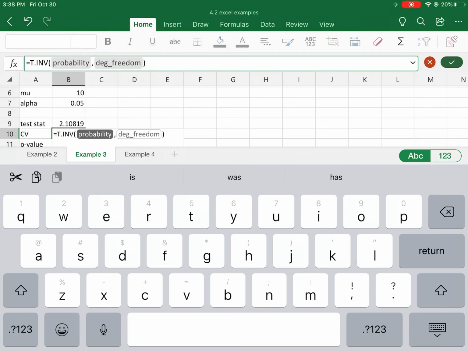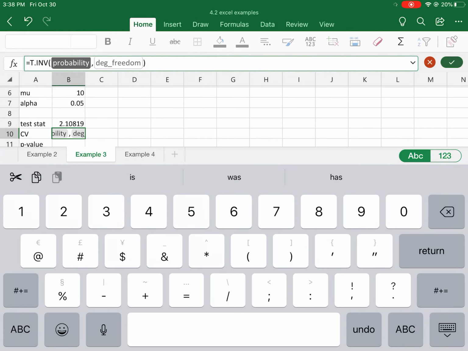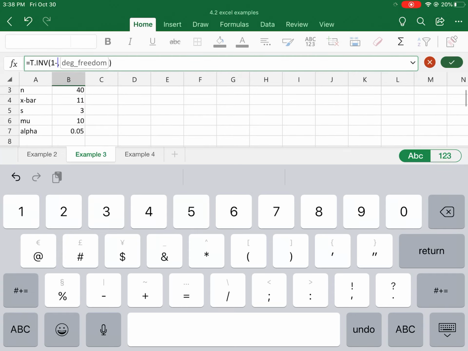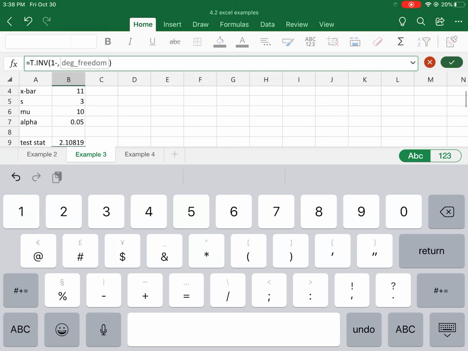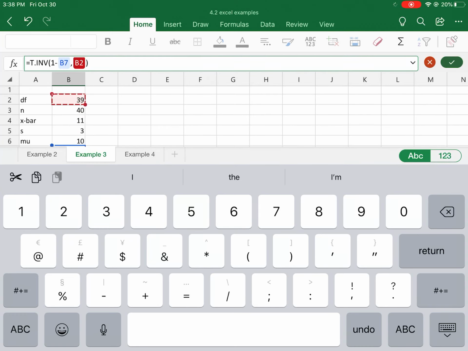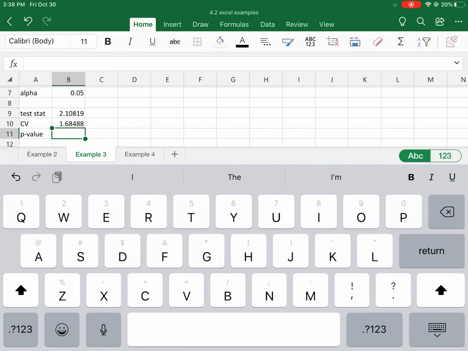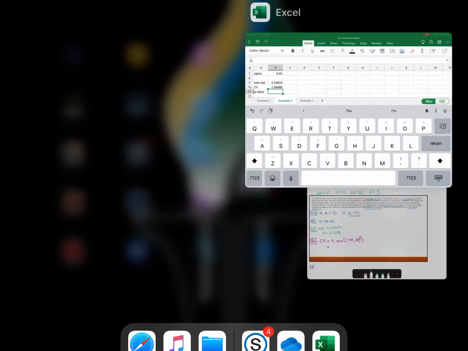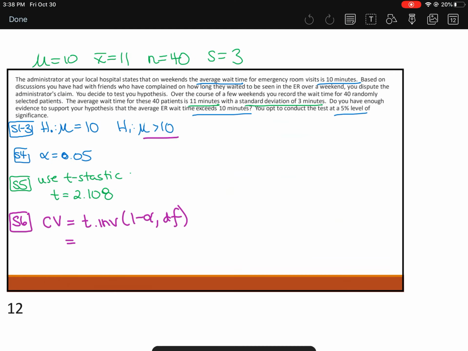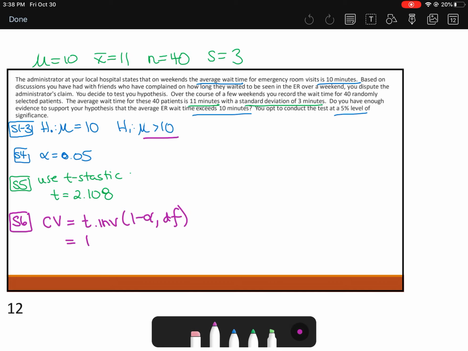So t inverse, then my probability, which is 1 minus my alpha, and my degrees of freedom. Hit enter, so I get 1.68.